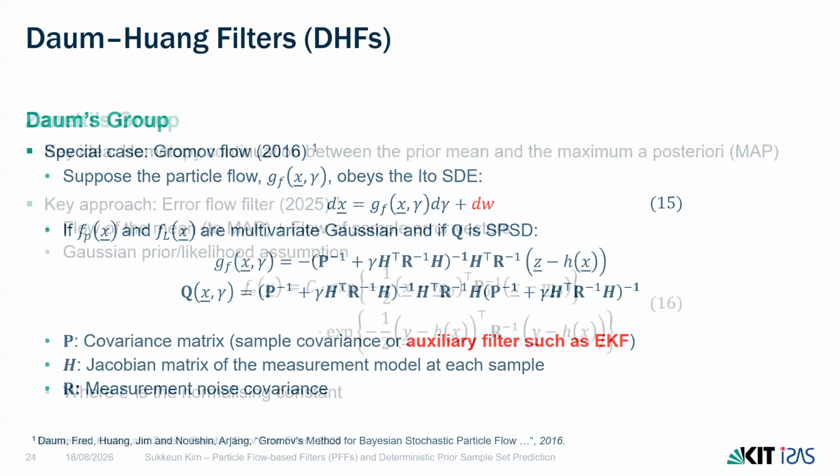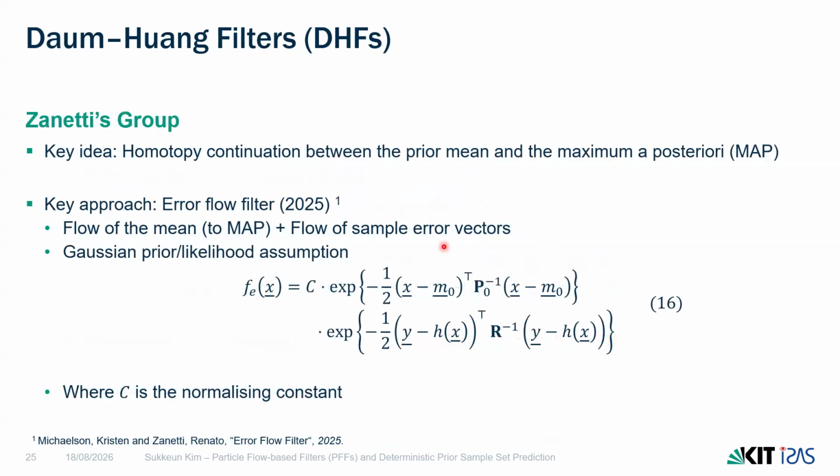The last one from this group is the error flow filter. We still use a homotopy continuation, but they define this flow in terms of the maximum a posteriori concept. You can imagine the flow is defined by two different flows. One is the mean flow, which moves the mean of the samples, and another flow defines the error of each sample from the mean.